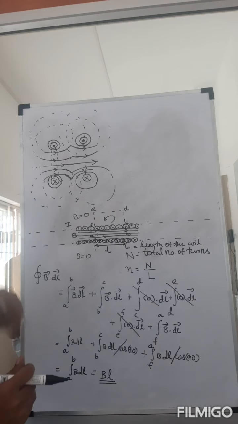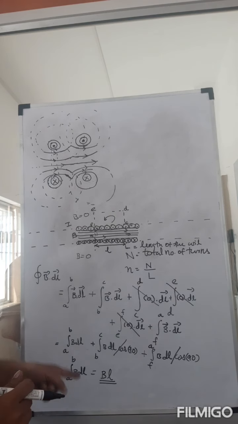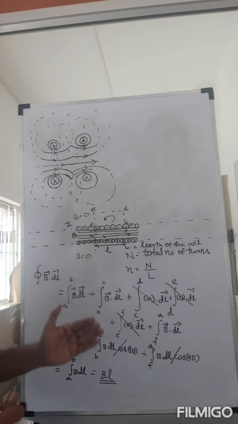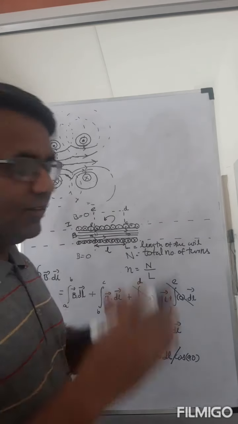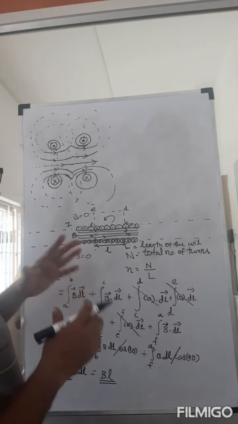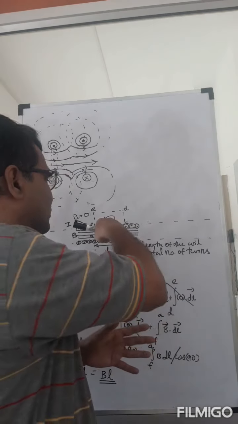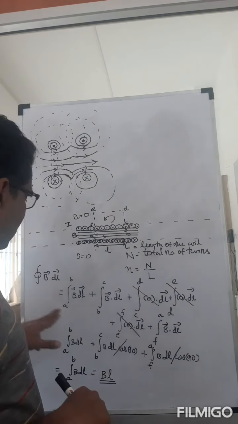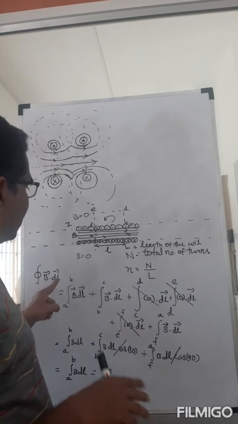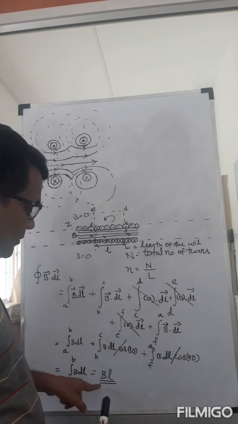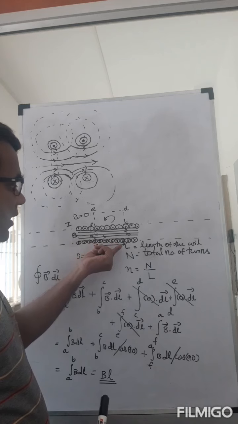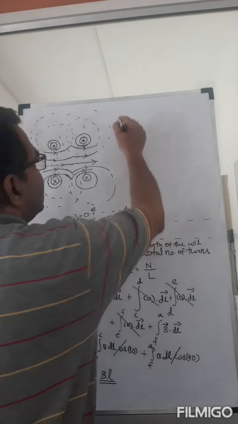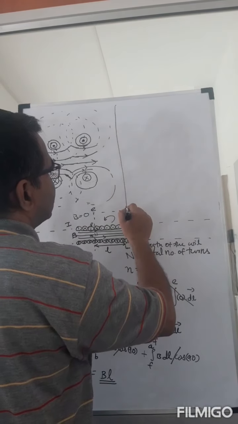Okay, once I get this, I'm going to equate it to mu naught I, right? The mu naught into the amount of current which is piercing through this surface. So my closed loop integral B dot dl of this open surface has given me B multiplied by this L. So I'll do it here.